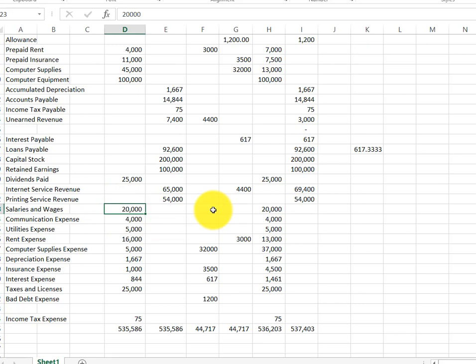So in this case, we're just going to say that we look up all the payable, and the amount is $450, wages payable. Oops, put it in the wrong place again. And that's going to be a debit to wages expense for $450.